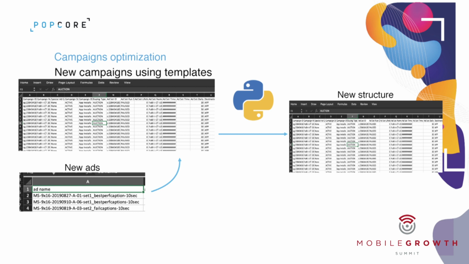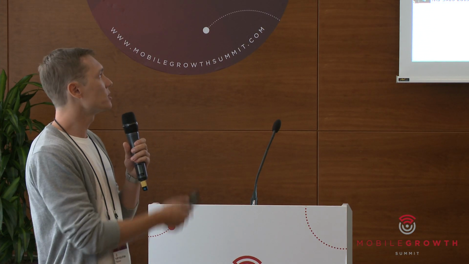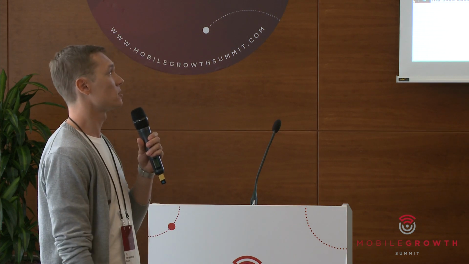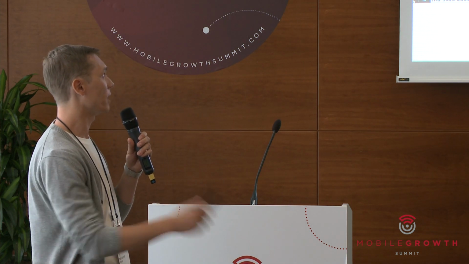That also will work for Snapchat, for example, or any other platform that supports CSV file upload, API upload, whatever. And I would say in 10 minutes, I can refresh creatives in one app. If I have 6 apps, I would need 1 hour to refresh creatives on the whole platform. Super quick, saves tons and tons of hours of manual work.